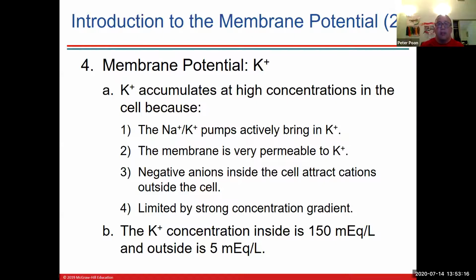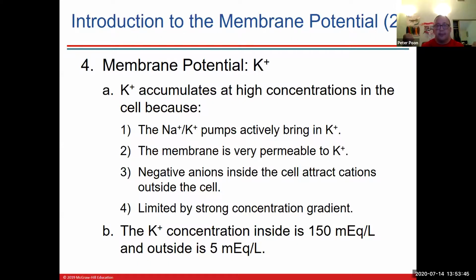The membrane potential, potassium. Potassium accumulates at very high concentrations inside the cell because, one, we're actively bringing in the potassium. Two, remember there are more negative charges inside the cell, and the membrane is permeable to potassium, which allows it to come through.